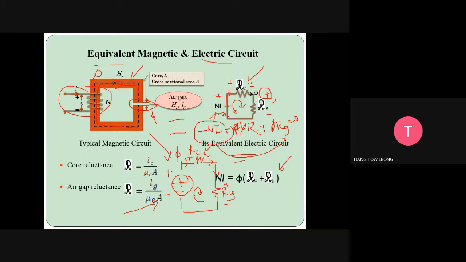So since the arrow is going to negative first, negative N I. And then the flux goes to the positive first, plus phi R_C. And then again positive first, plus phi R_G equals 0. So when we do some similar movement, then it becomes the equation like this.